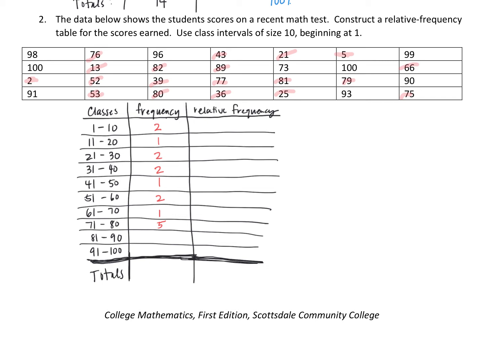So I counted 3 of those. I noticed while I was counting I missed one, so I'm going to go back and get that. But for now I'm going to keep going. Now I'm looking for scores between 91 and 100. So 1, 2, 3, 4, 5, 6, 7, 8. Up, not 90. So that's 7.